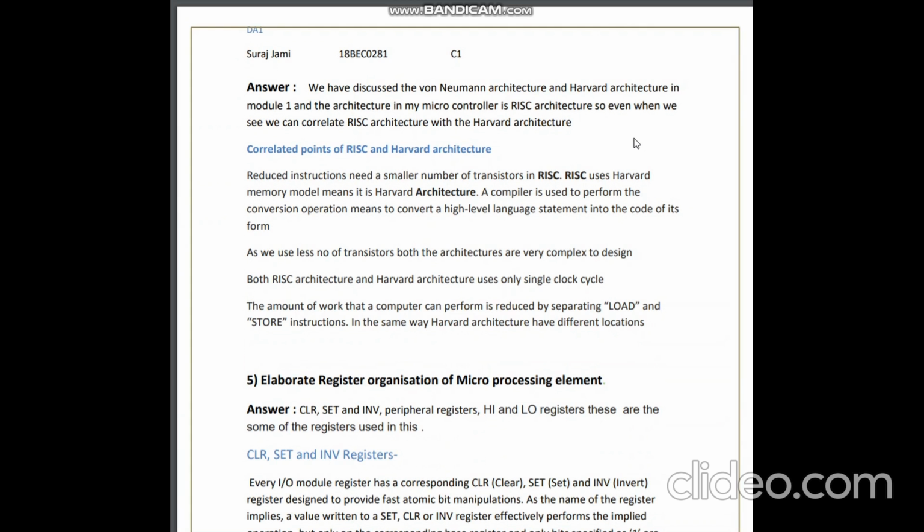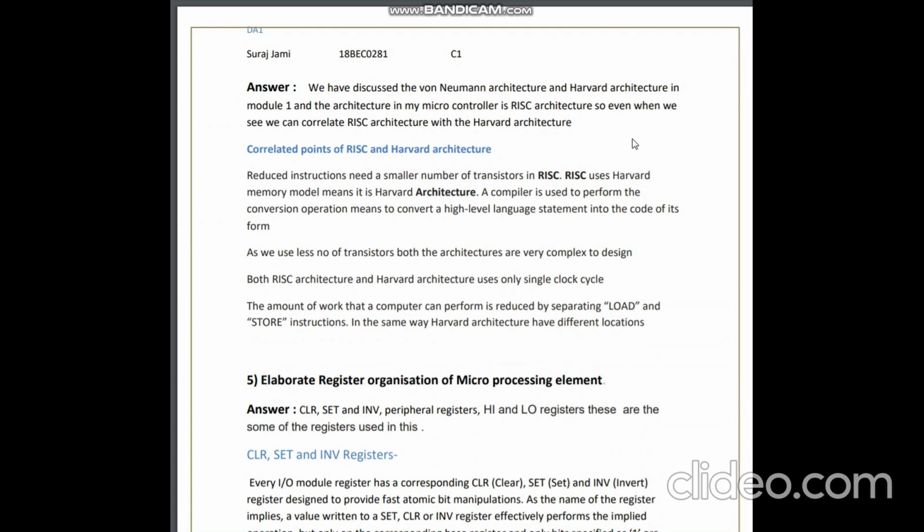As we use fewer transistors, both architectures are very complex to design. Both RISC architecture and Harvard architecture use only a single clock cycle. The amount of work that a computer can perform is reduced by separating load and store instructions, and in the same way Harvard architecture has different locations. So these are the correlated points.